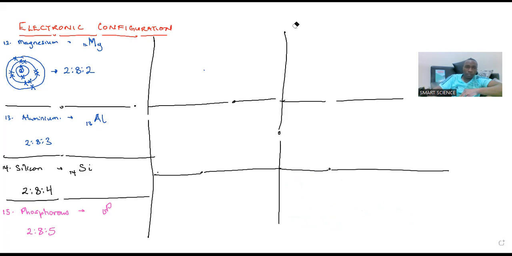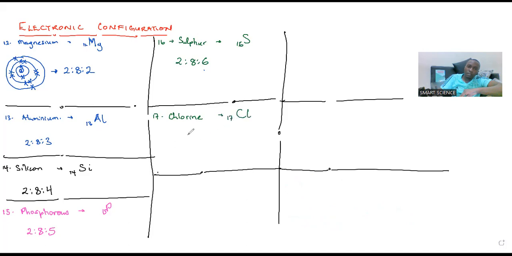Element number 16, we agreed it is sulfur, symbolized by capital S. Atomic number is 16. Therefore, electron configuration is 2, 8, 6. 17 is chlorine, symbolized by capital C, small l.